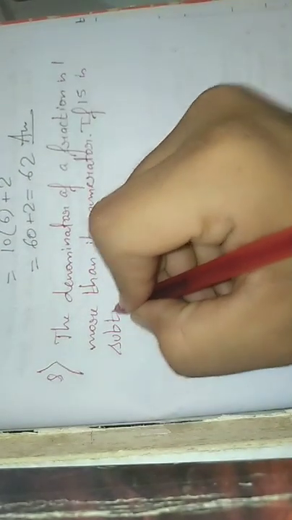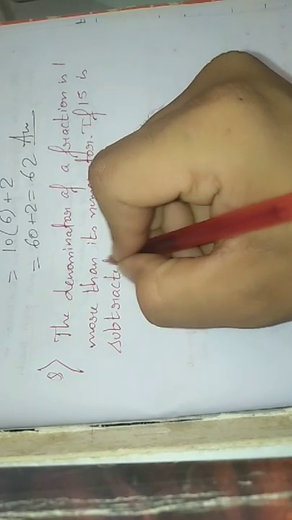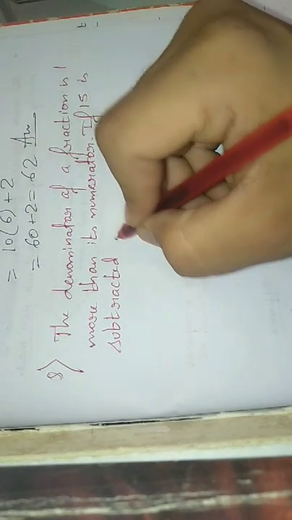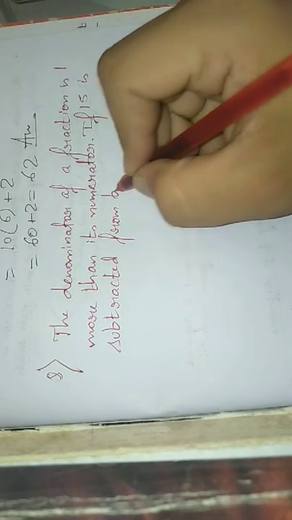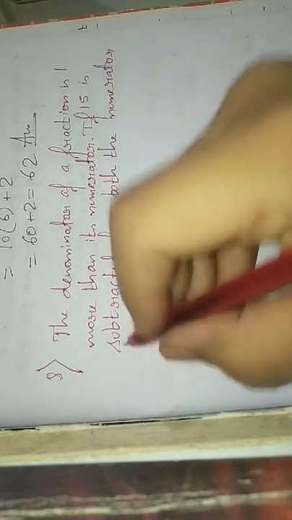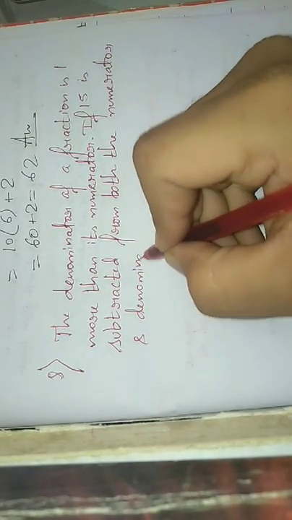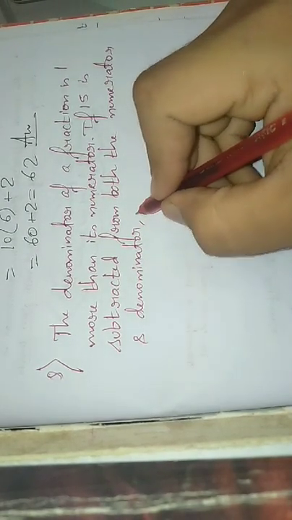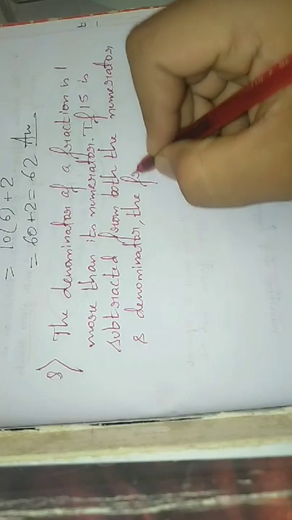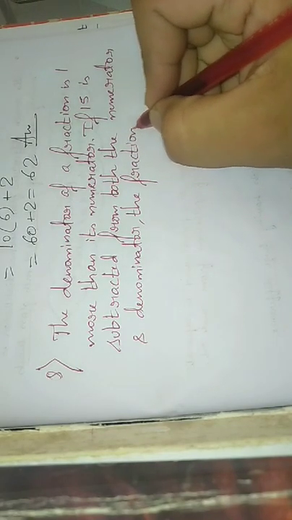Now the next statement is, if 15 is subtracted from both the numerator and denominator, the fraction becomes 9/10.